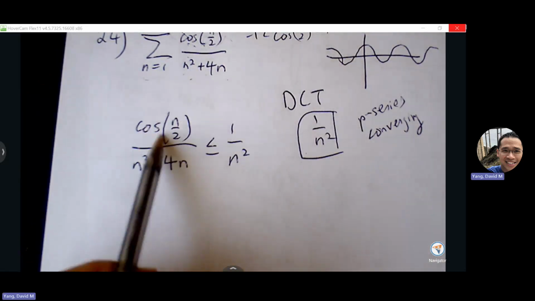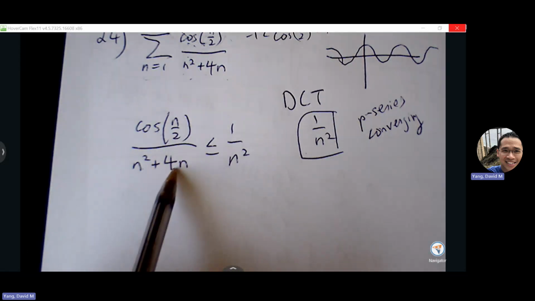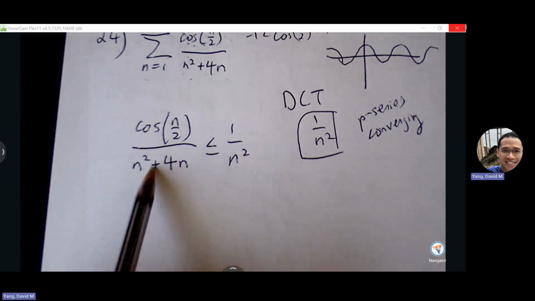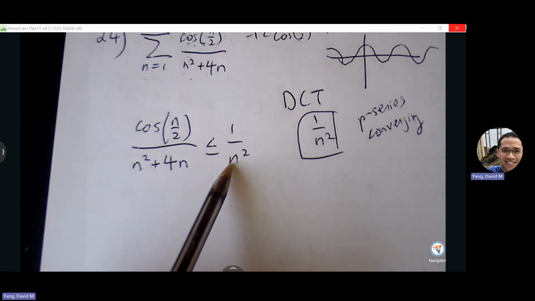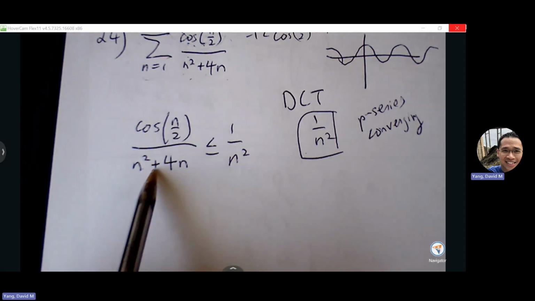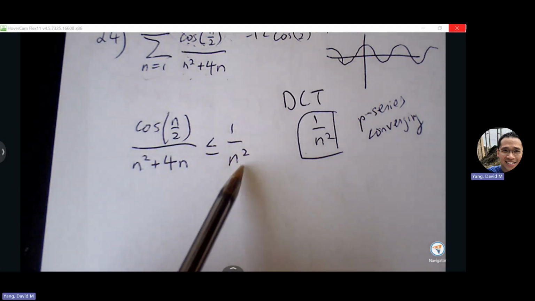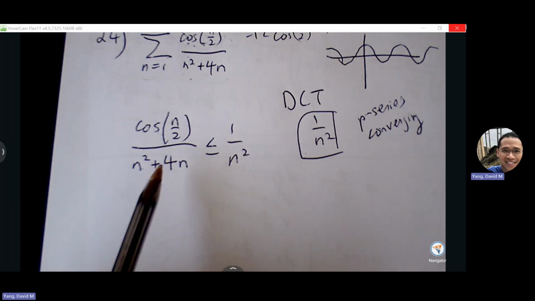This is basically just a 1. My denominator is more than the denominator of the other fraction, which means this overall value must be smaller. So anything that's smaller than a known converging series must also converge.